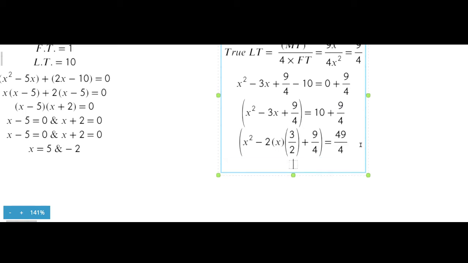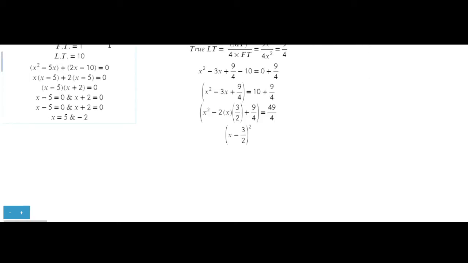Okay, so the next step involves representing our entire bracket as first term minus, because the middle term is minus here, last term 3 divided by 2 whole square. I hope you know why I wrote the first and the last term as the roots and not the numbers themselves, from the identity a plus b whole square.